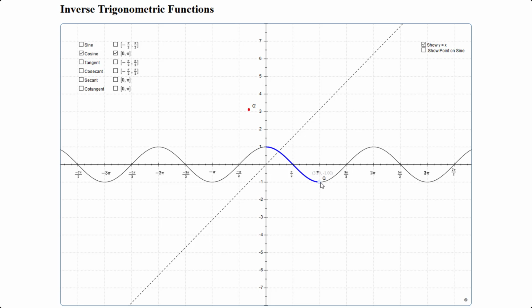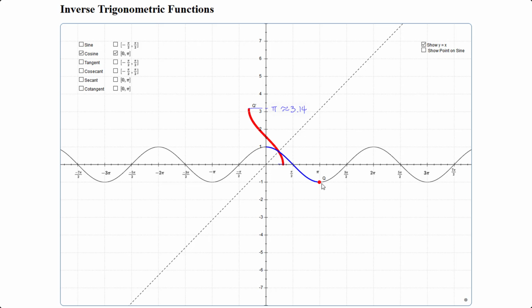So if I map these points across the line y equals x, then this is the shape of the graph that results. So that's what arc cosine looks like. And if you'll notice its restriction, this point up here is at pi, and pi is approximately 3.14. So that's about where that point lies.